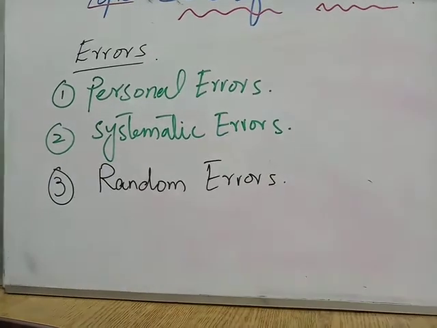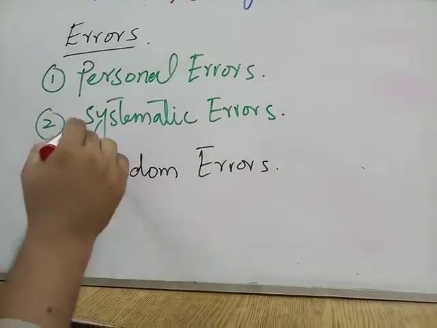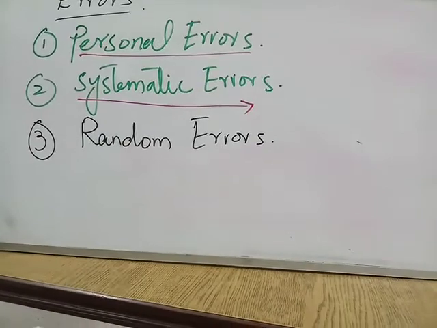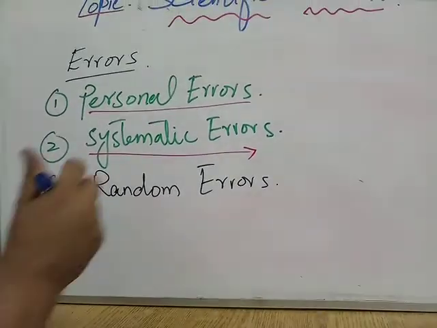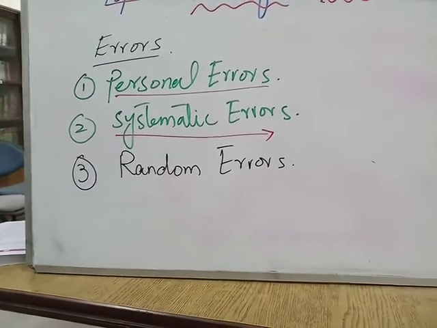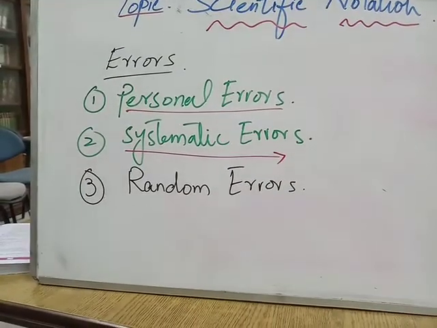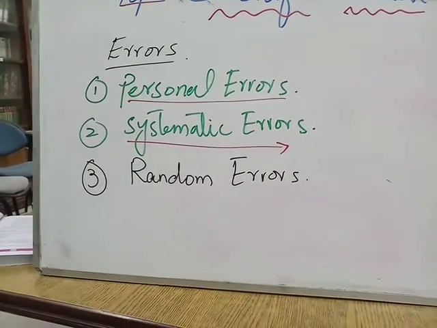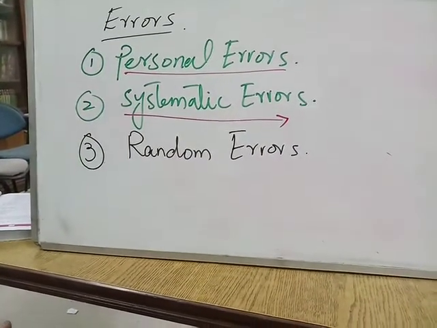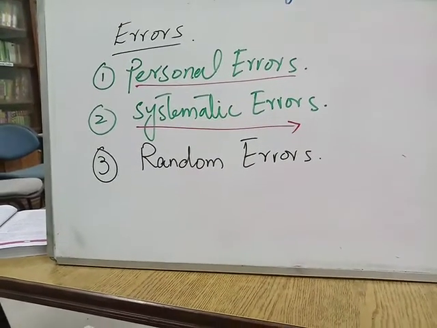Now the second error is systematic error. First the personal, and second is systematic error. You know about this because in class 10 you should perform experiments in your physics lab, such as the vernier caliper or screw gauge experiment, or finding the diameter of a cylinder.